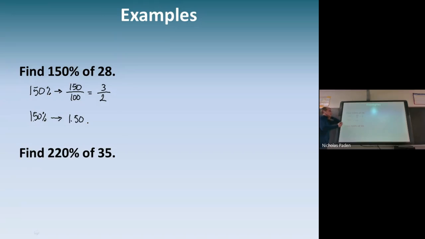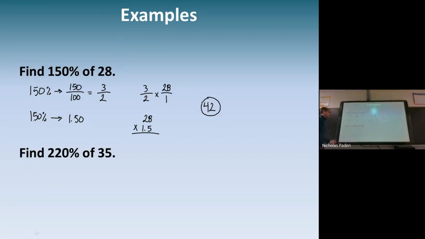So either way that you write that, I would do 3 over 2 times 28 over 1, or I would do 28 times 1.5, and I should get 42 as my answer. So 42 is 150% of 28.